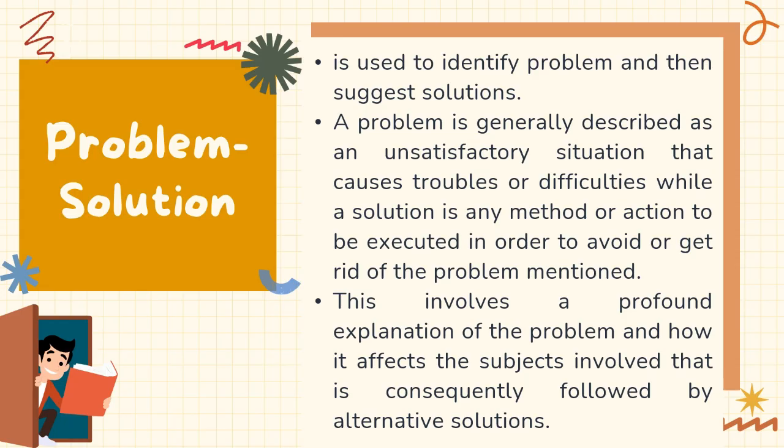In this pattern, we state the problem and then we state the solution. This involves a profound explanation of the problem and how it affects the subjects involved, consequently followed by alternative solutions. When we want to write something that highlights a problem and suggests a solution, then we will use this pattern.